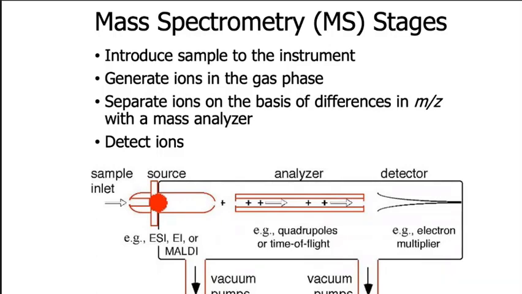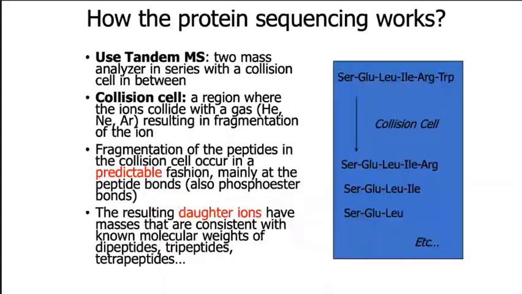Then, with the inert gas, the polypeptide will be fragmented into separate ions based on different masses in the analyzer, and then we detect the ions. In this way, we can recognize the mass of the polypeptide, and the protein's amino acid sequence.